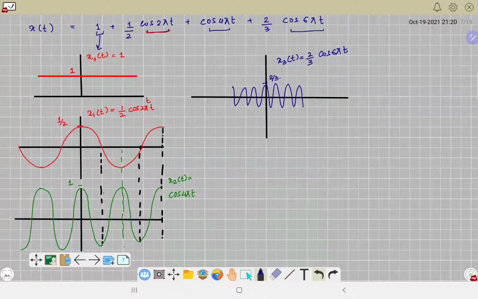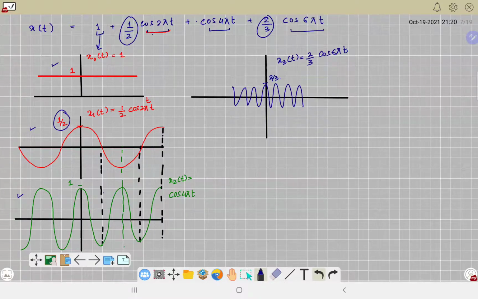We have a constant term, a first harmonic, and a second harmonic which has twice the frequency of the first, twice the fundamental frequency. Then obviously it is scaled by amplitude, scaled by 1 by 2. Here there is no scaling factor, so 1, and here the scaling factor is 2 by 3, and it has a frequency which is 3 times the first component, like this. And overall your signal will basically be the sum of these three.